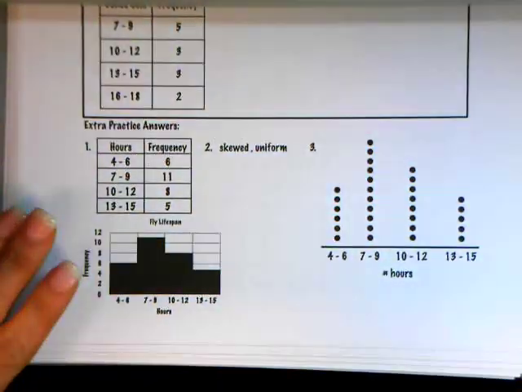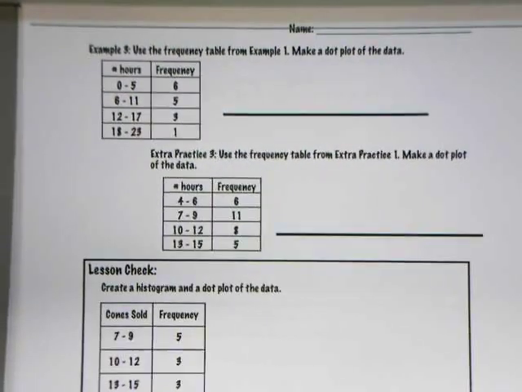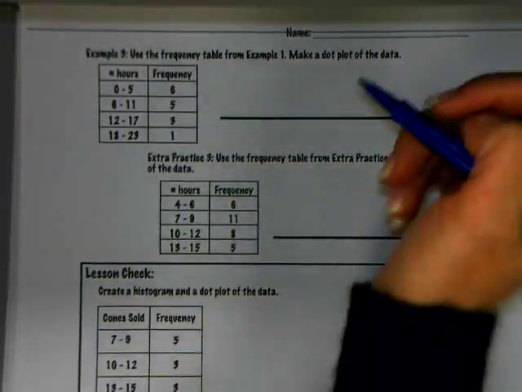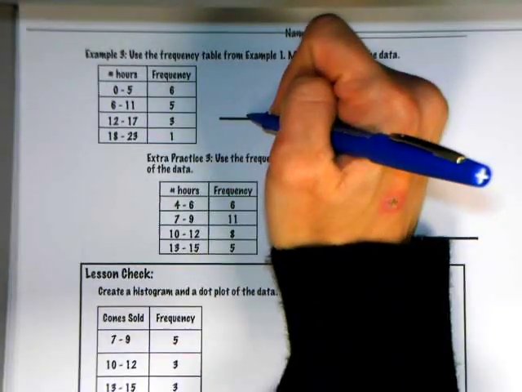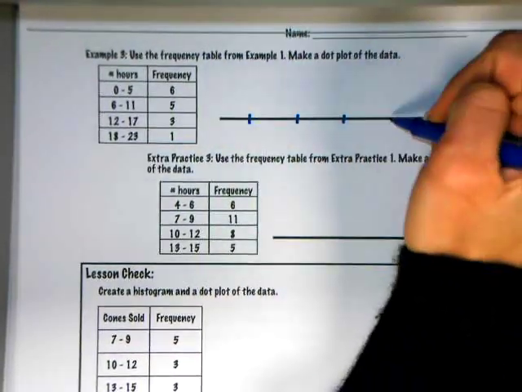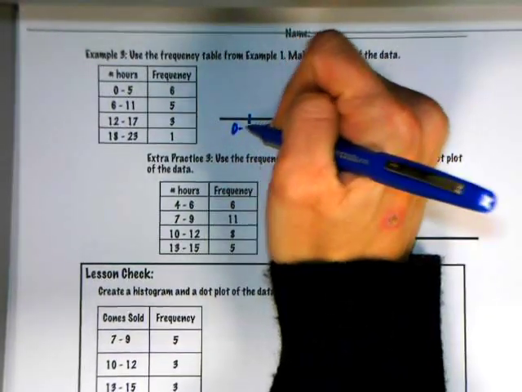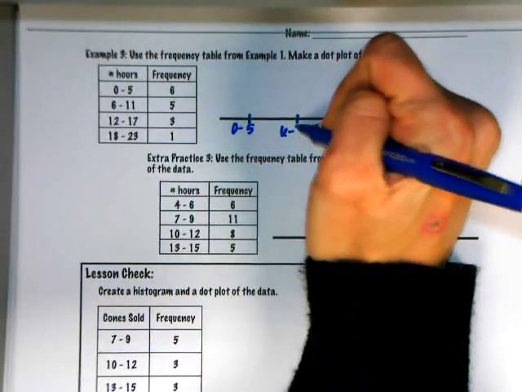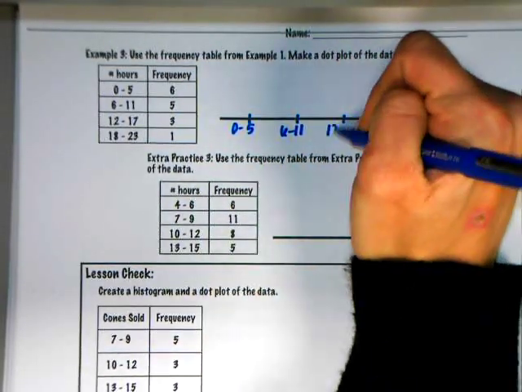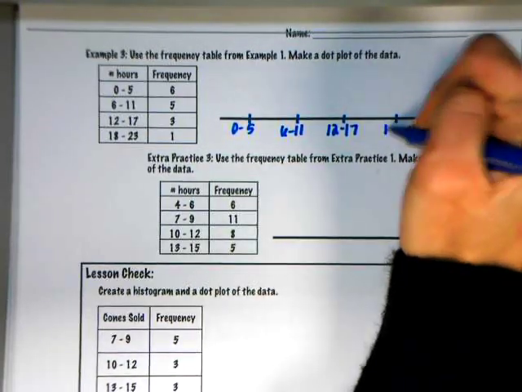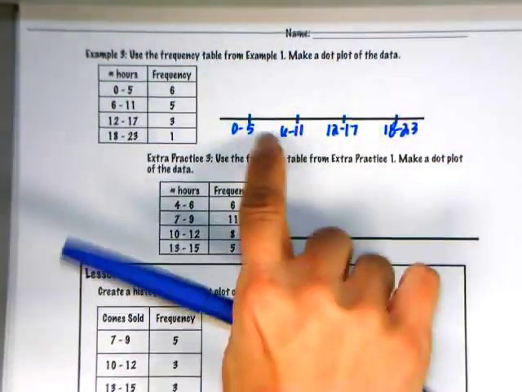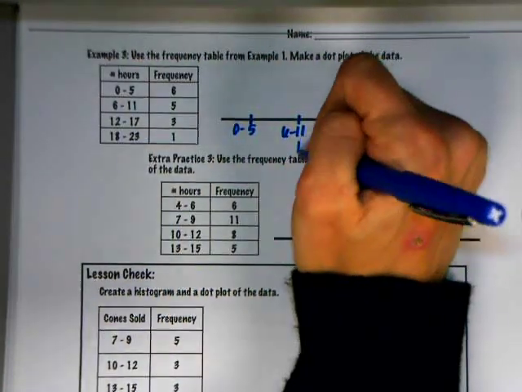So let's do that. We're making a dot plot of this data. So you're going to put your labels 0 to 5, 6 to 11, 12 to 17, 18 to 23. And you do need to label the bottom still with number of hours.